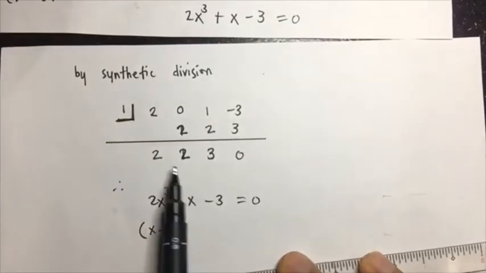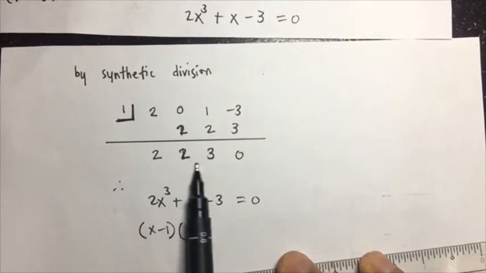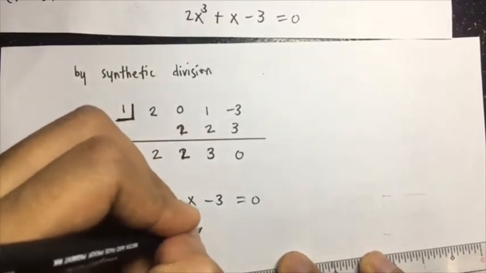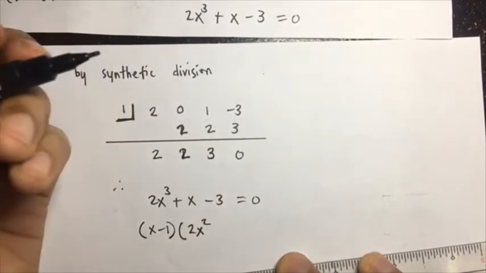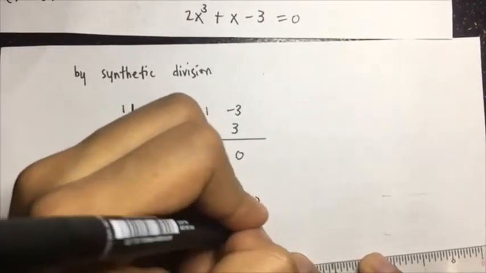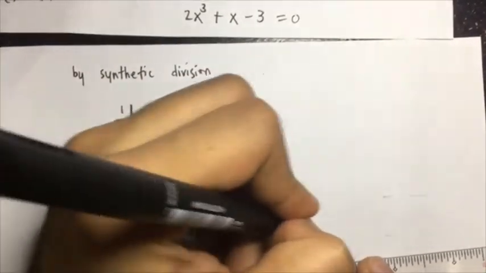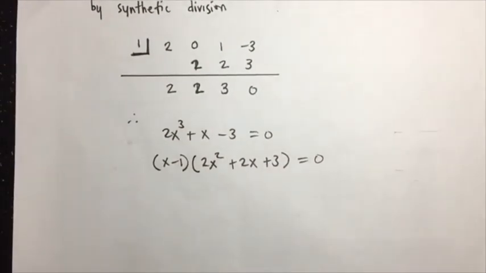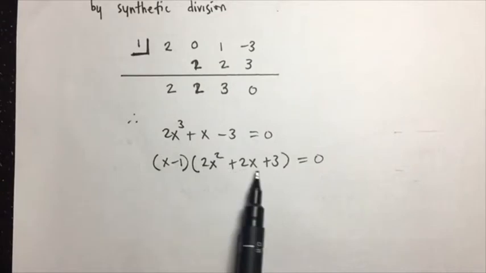And then these will be the coefficients of the remaining factor, starting with x squared, x, and constant. So 2x squared plus 2x plus 3 is equal to 0. Next we can factor this further to find all the roots.